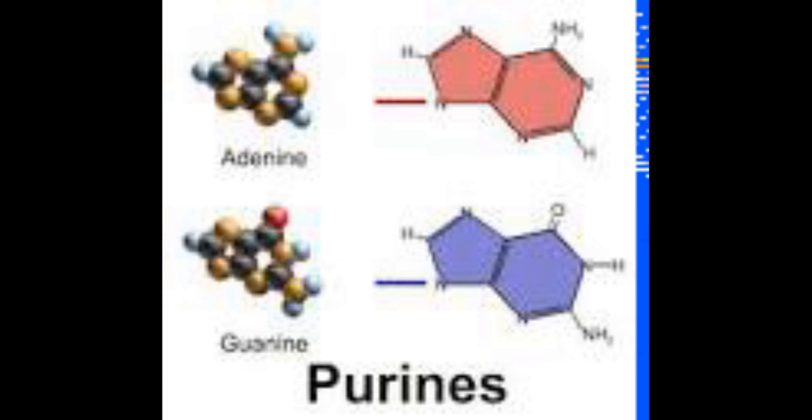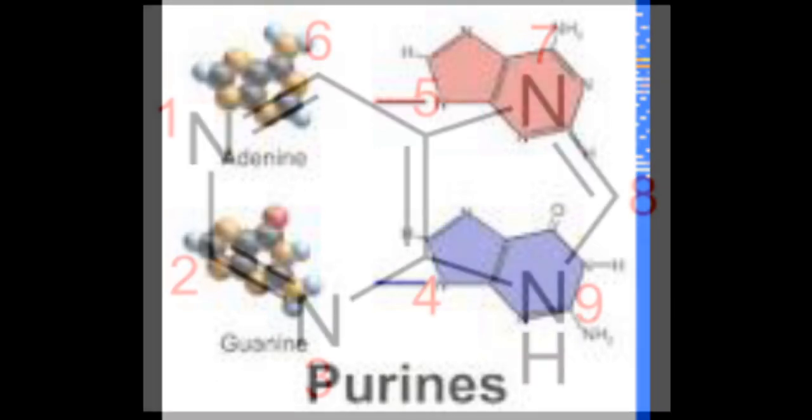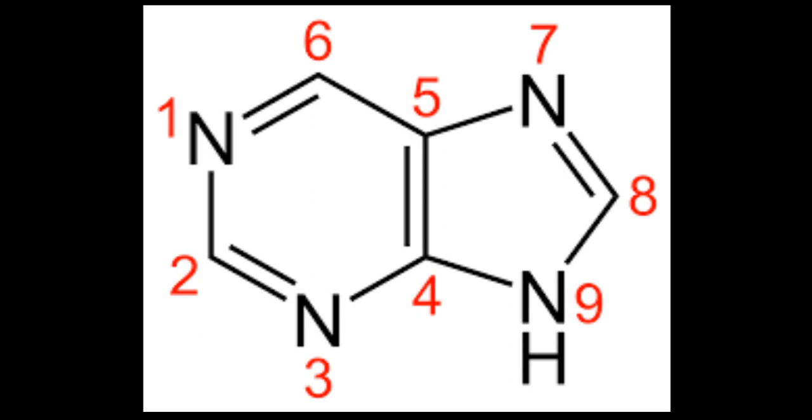As you will see in this figure, there are some nitrogens also present in these positions. So purines are heterocyclic compounds having 9 atoms in 2 rings. This is 1, 2, 3, 4, 5, 6, 7, 8 and 9.